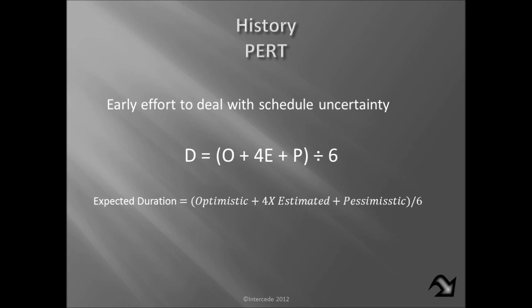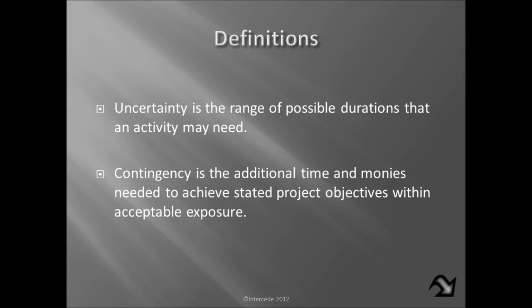Now the problem here is that E is the only value that was objectively determined, and this assumes that it came from an estimate as opposed to what we generally think is going to happen. So just some working definitions, and these are my definitions. For me, uncertainty is the range of possible durations that an activity may need.